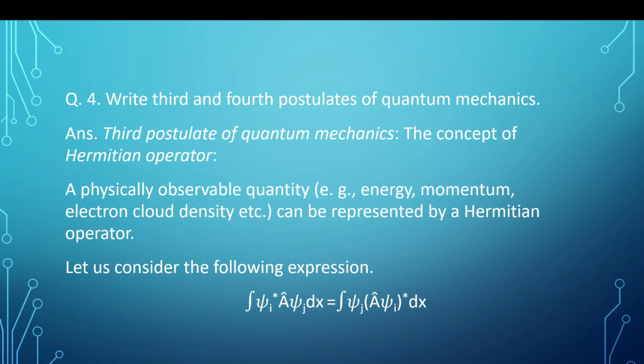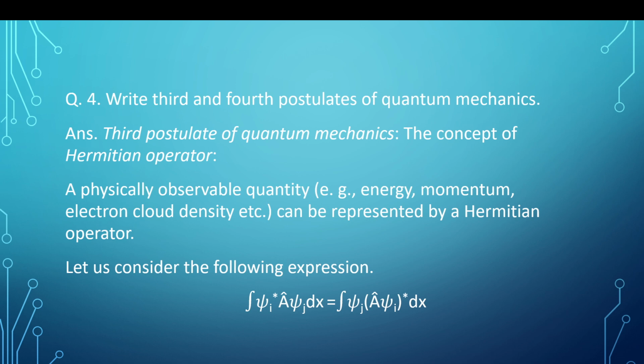Let us proceed to the fourth question. Write the third and fourth postulate of quantum mechanics. Third postulate of quantum mechanics, concept of Hermitian operator. Physically observable quantities, that is energy, momentum, electron cloud density, etc., can be represented by a Hermitian operator. Let us consider the following expression.